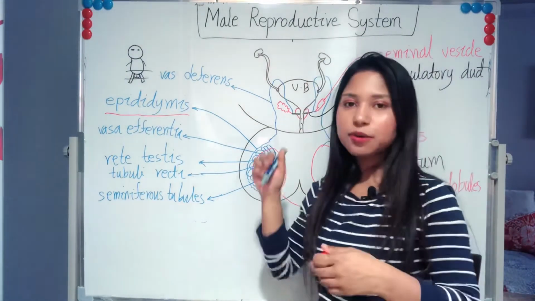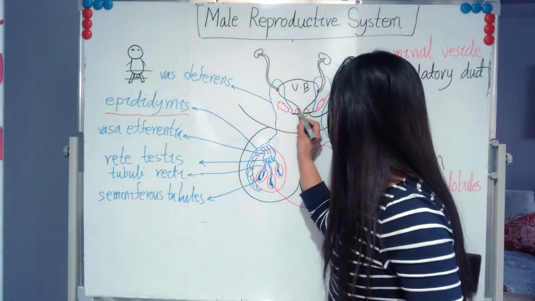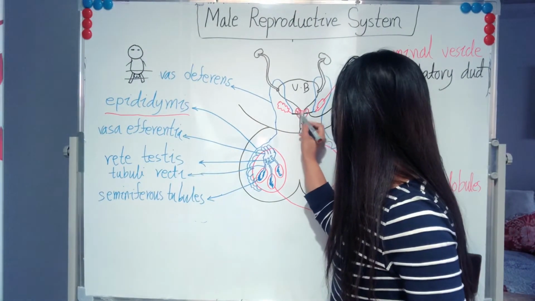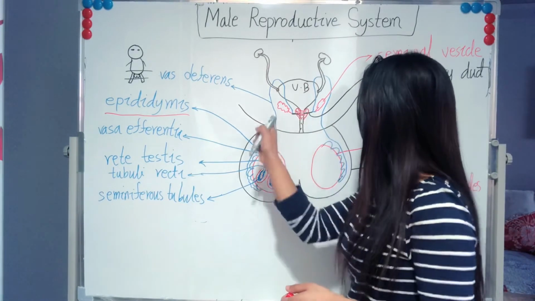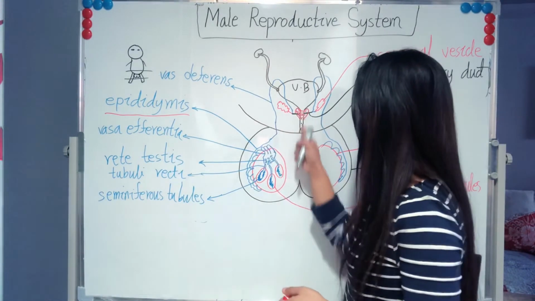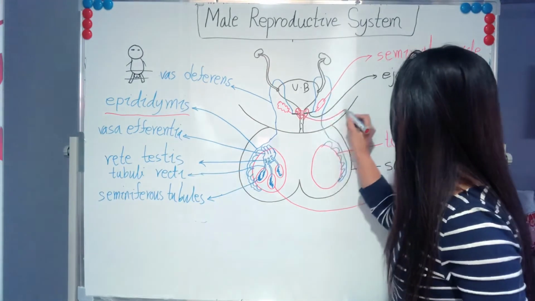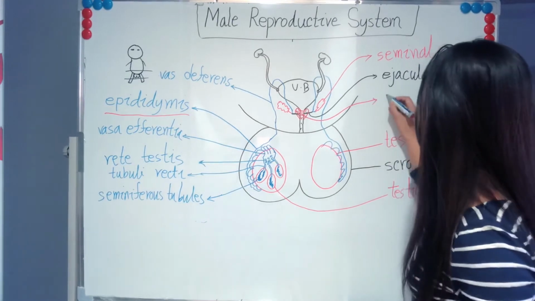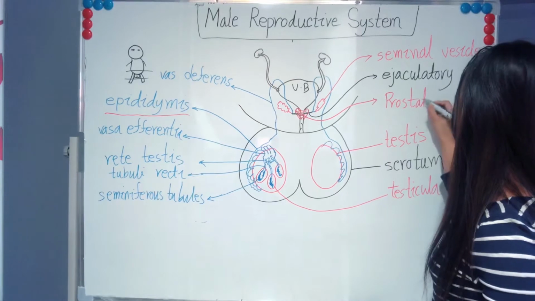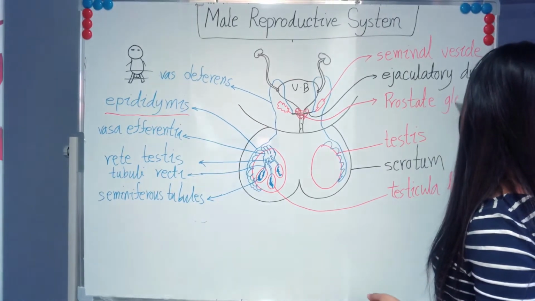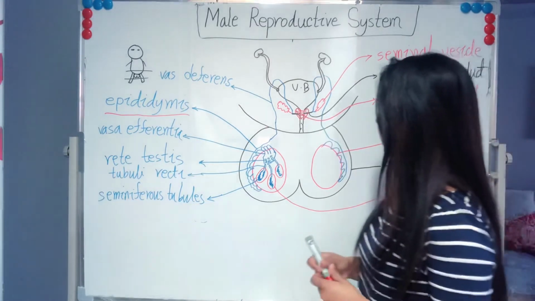Through this hole the urethra passes, and this ejaculatory duct enters that gland and joins with the urethra. This gland is called prostate gland.